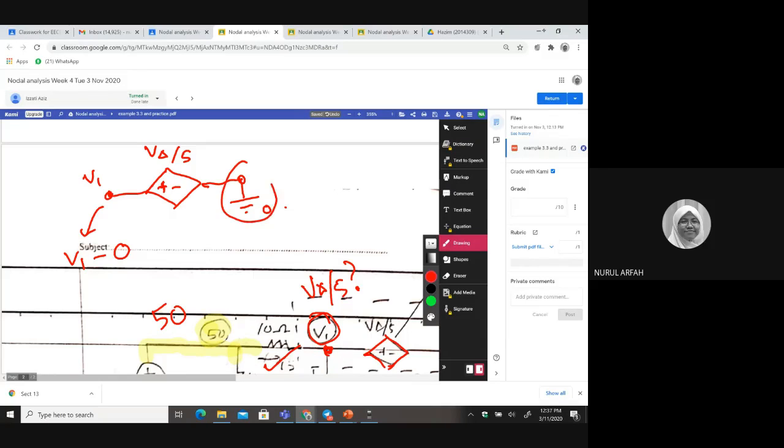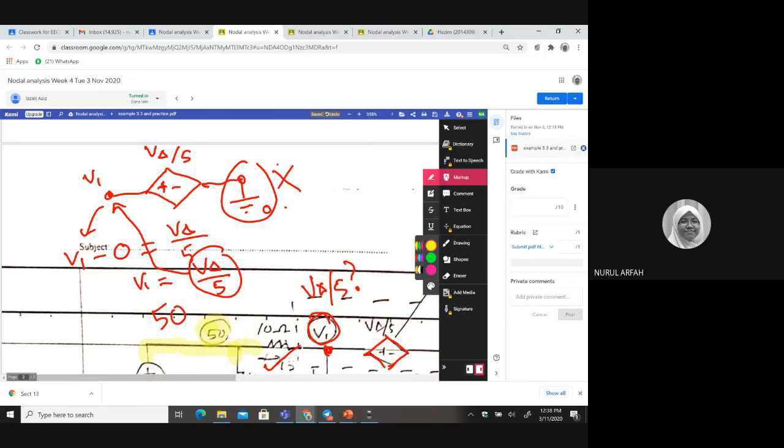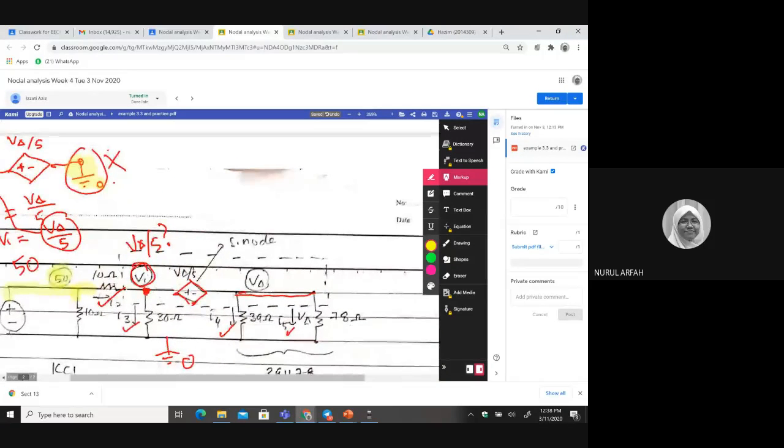If this is attached to ground zero, the reference point, and equal to V delta divided by 5, then obviously V1 is equal to V delta divided by 5, and you can name this one as V1. But since this is not attached to the reference point, where is this one attached? It's attached to V delta, right?